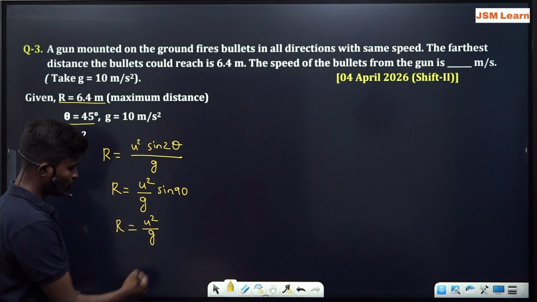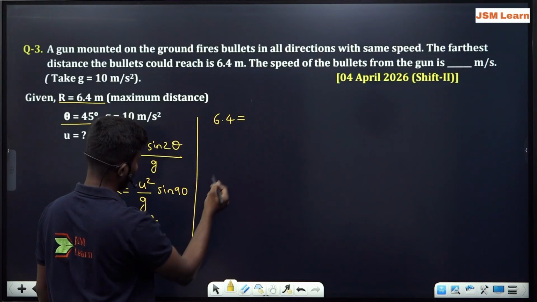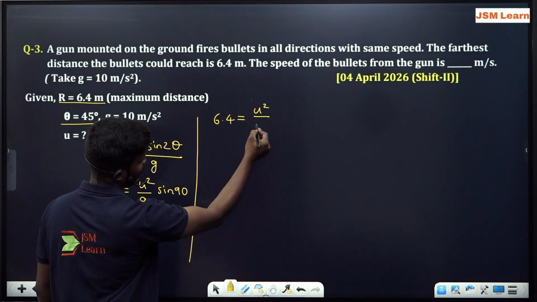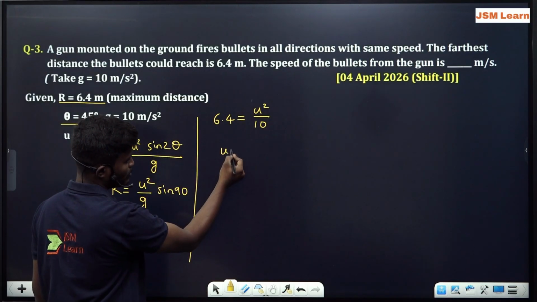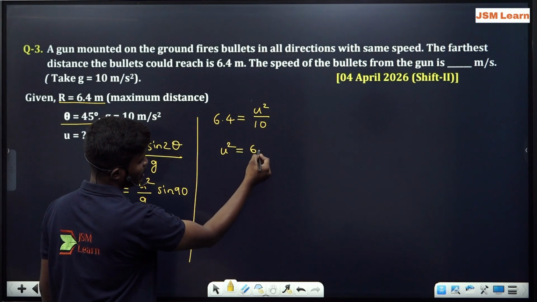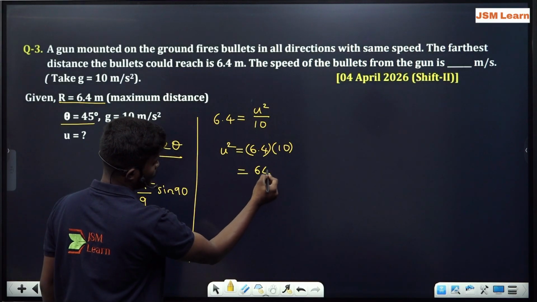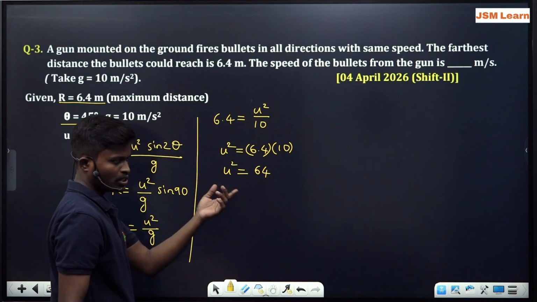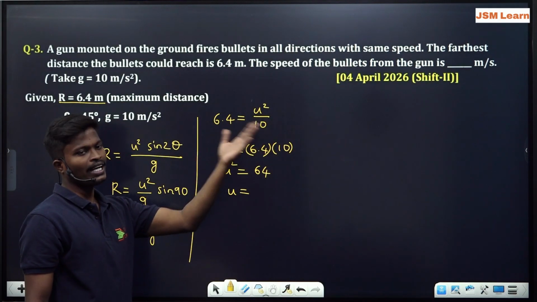We have R value. If we substitute here, 6.4 is equal to u square by g, with g given as 10 meter per second square. So u square is equal to 6.4 into 10, which will be 64. Then u is equal to plus 8 or minus 8.